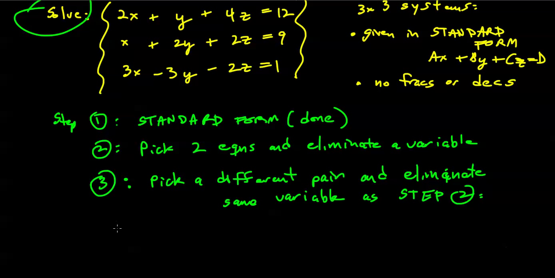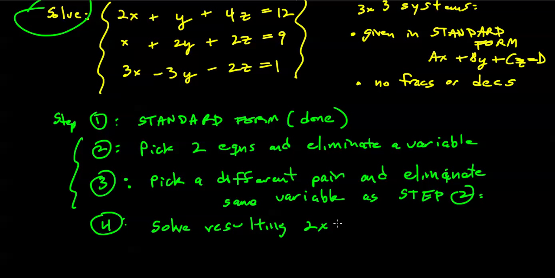Step 4: steps 2 and 3 will yield 2 equations with 2 variables that you can solve. Solve the resulting 2 by 2 system you get from steps 2 and 3.